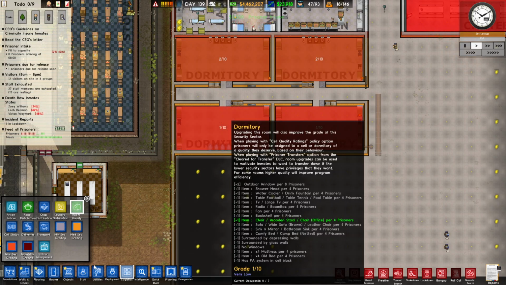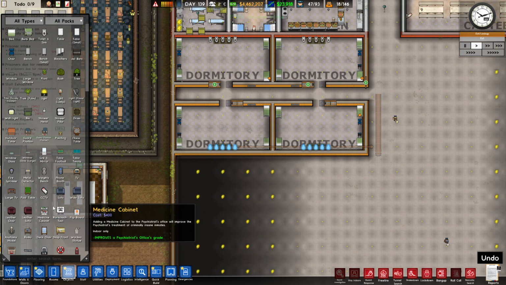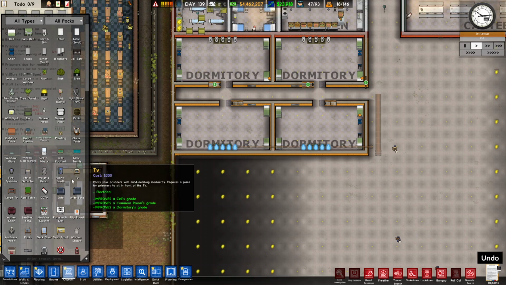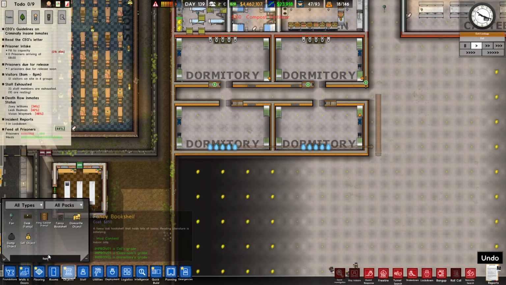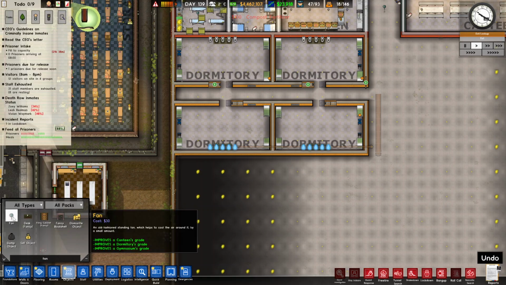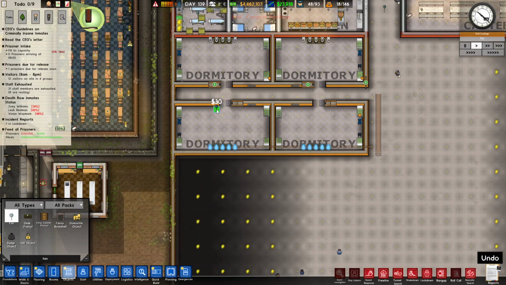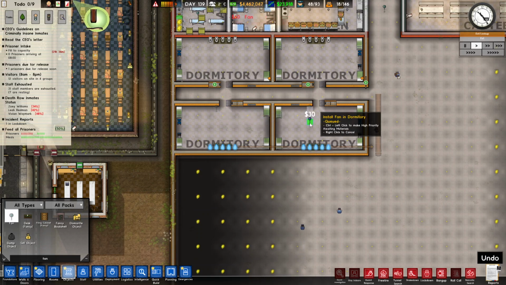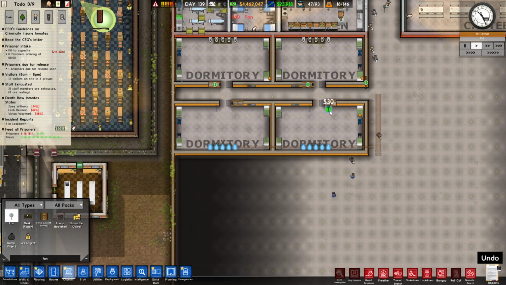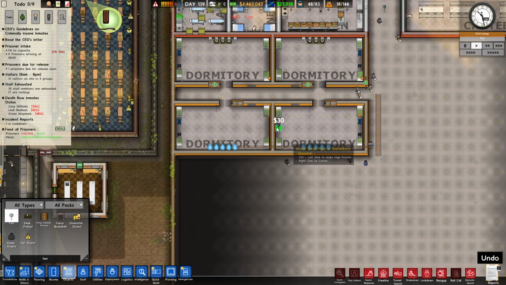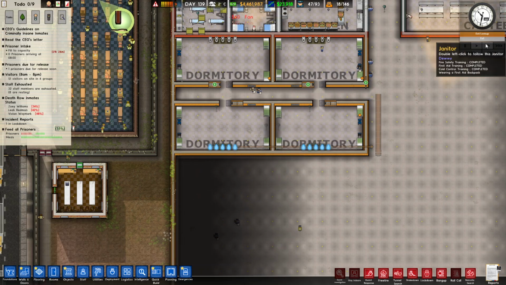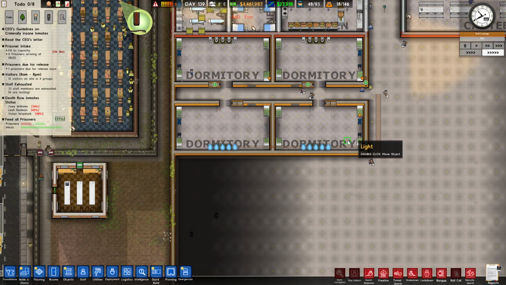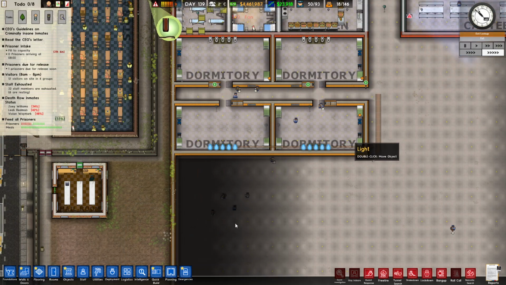Oh, what's the fan cost? I don't remember seeing the fan. Because we've got weather on, but we haven't got temperatures on. But the doors can still jam. 30. They're cheap, aren't they? Let's put them near the doors. We'll put the other one over here because it's got chairs on that side. There we go. 2 fans per 4 prisoners.